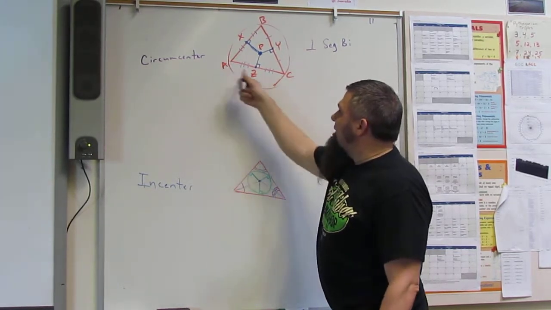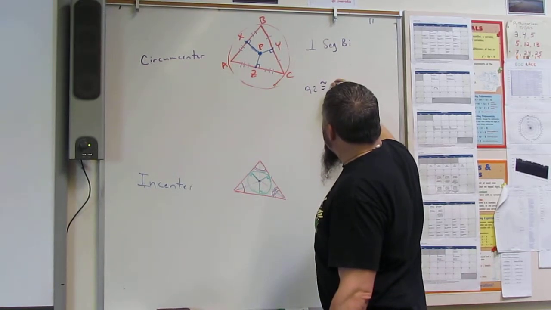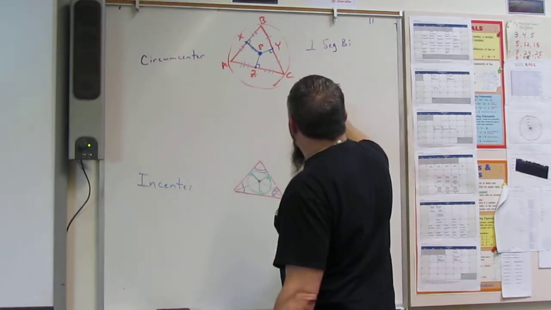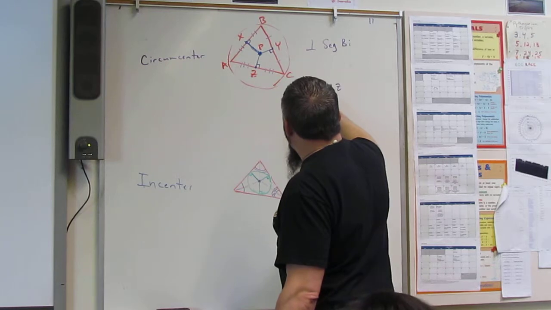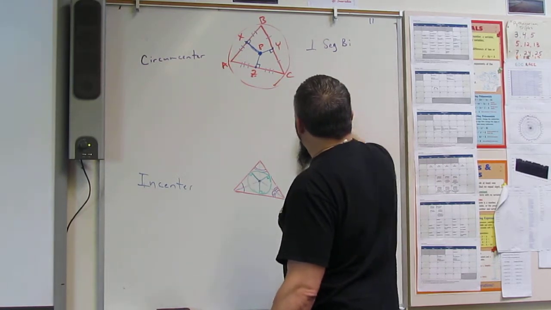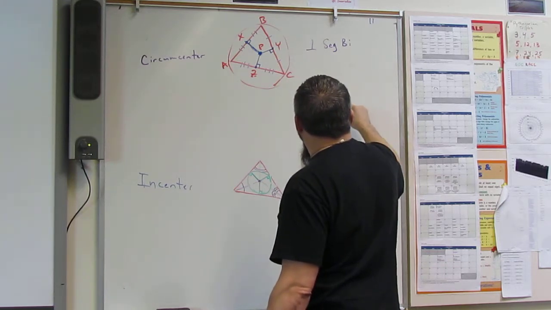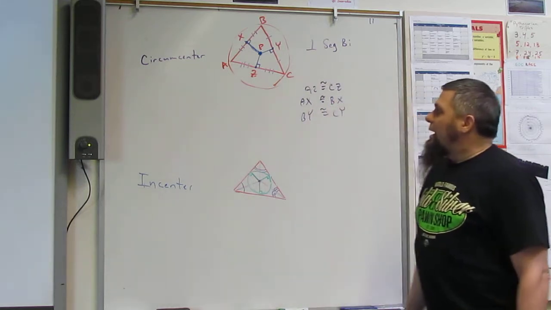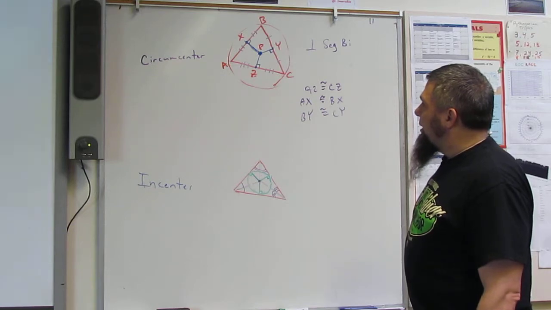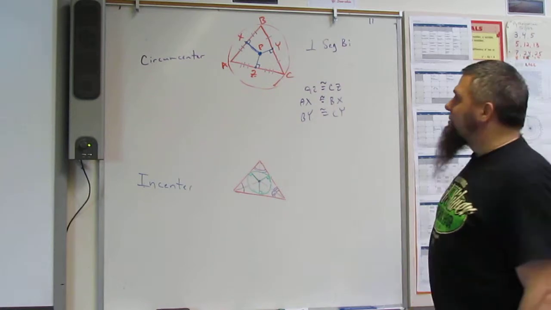So that means that AZ is congruent to CZ. And it also means that XA, or AX, is congruent to BX. And it means that BY is congruent to CY. Okay, and that's the situation that's going on with circumcenter.